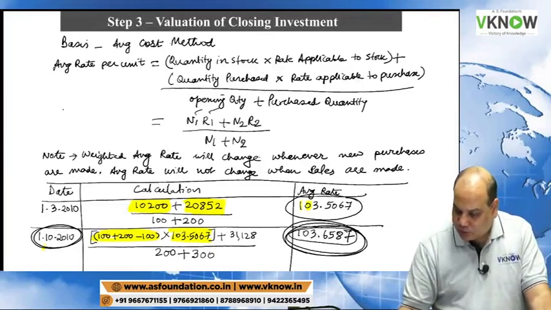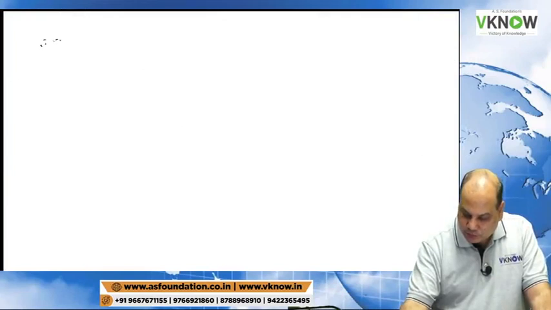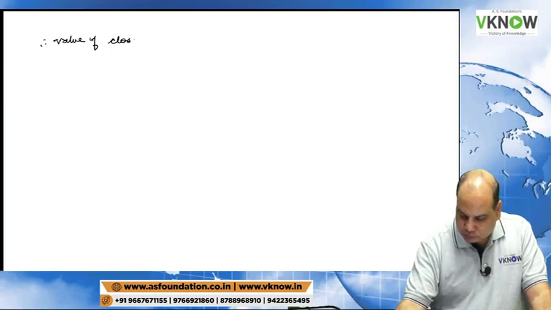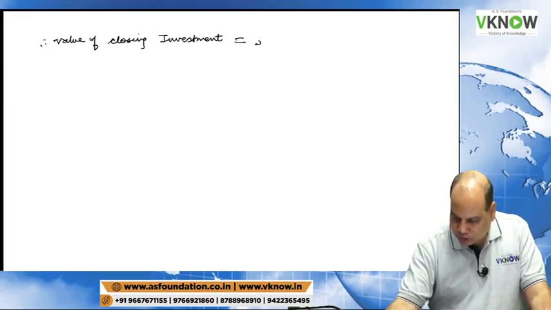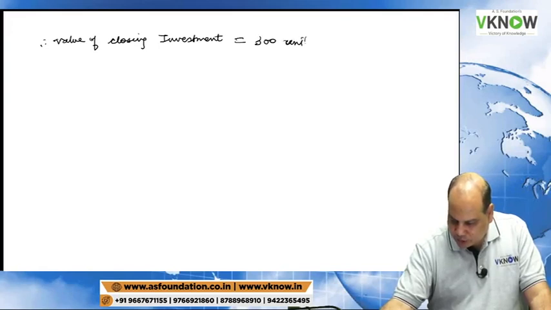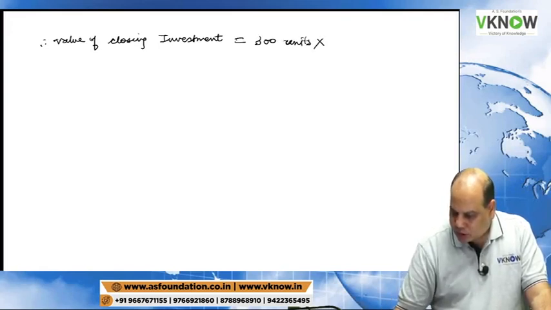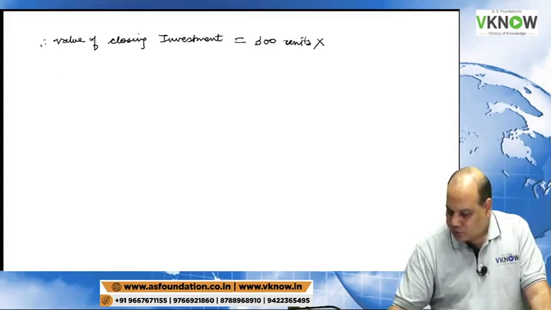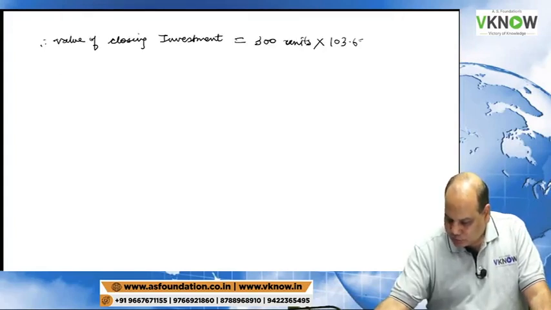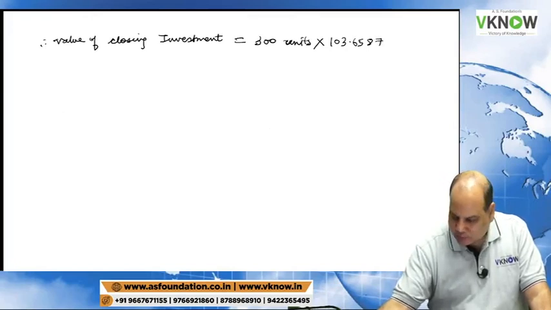So please write down below this working: therefore, value of closing investment. 300 units we have, multiplied by this rate, 103.6587.